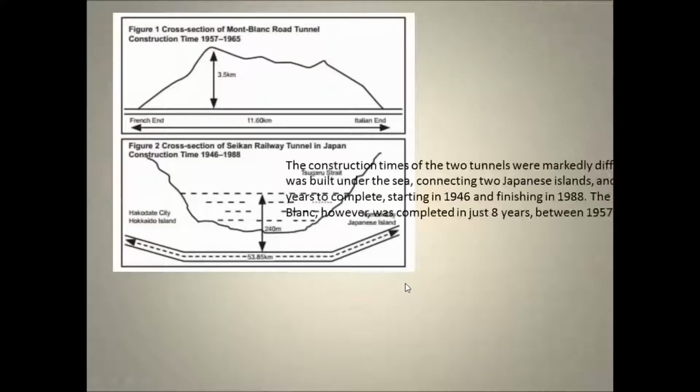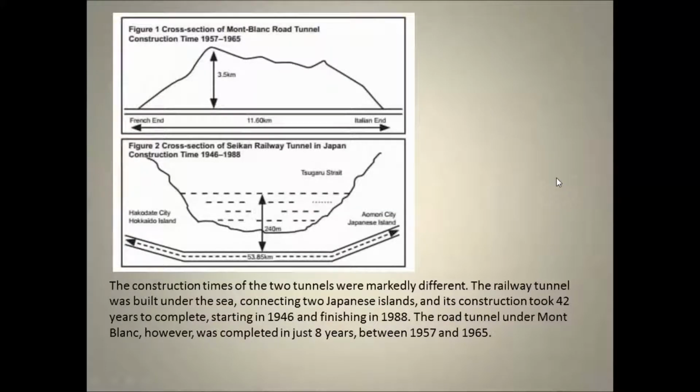And you see that we are comparing and contrasting these two differences of the tunnels. Okay. Then finally we can say something about the construction times of the two tunnels. They're also markedly different. So we can write that the construction times of the two tunnels were markedly different. The railway tunnel was built under the sea, connecting two Japanese islands, and its construction took 42 years to complete.